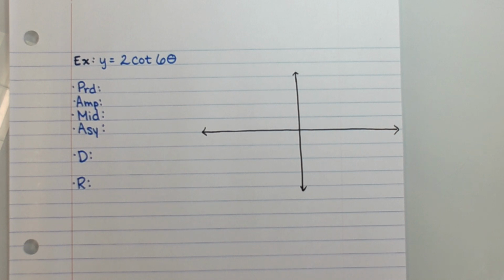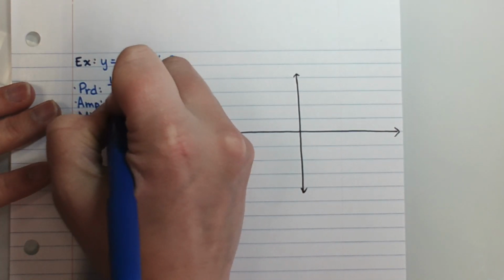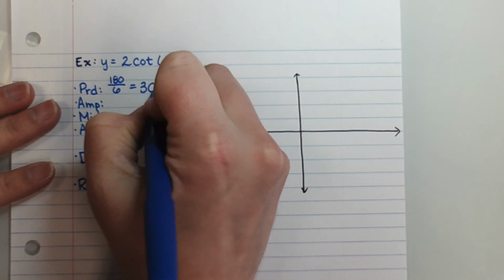Anyway, y equals 2 cotangent of 6 theta. What's cotangent's typical period? 180. What am I dividing by? 6. 180 divided by 6? 30 degrees.